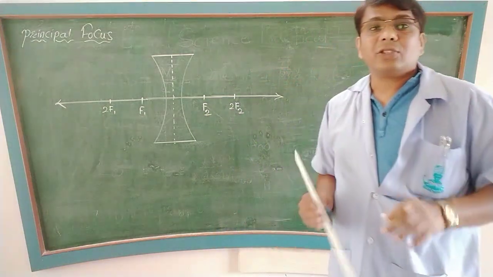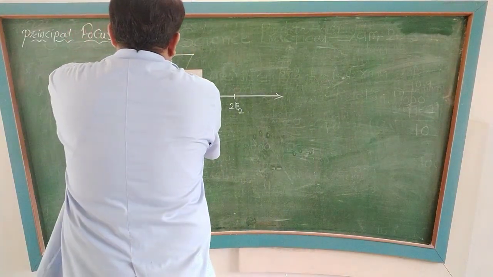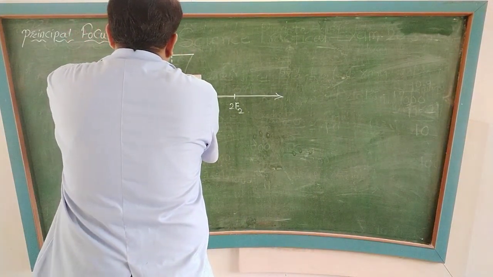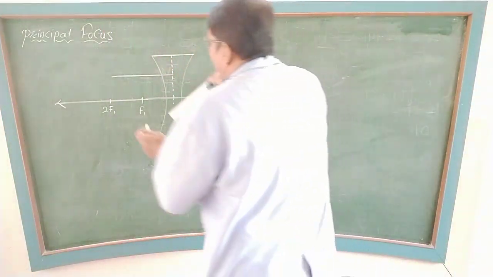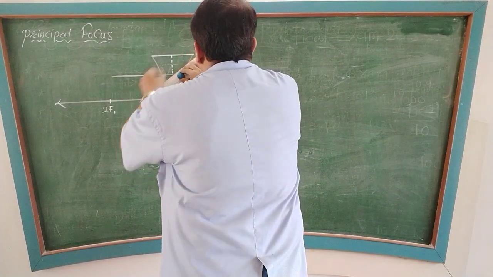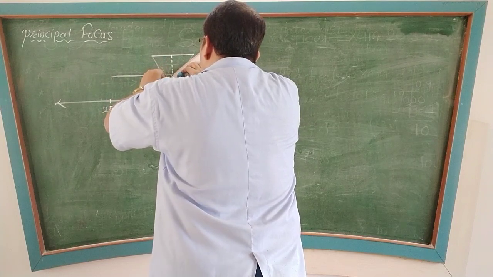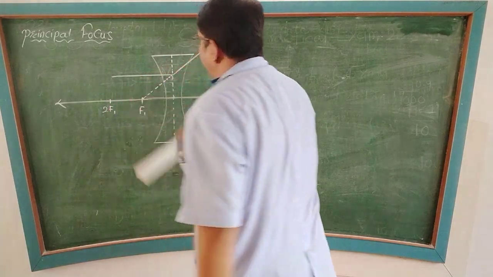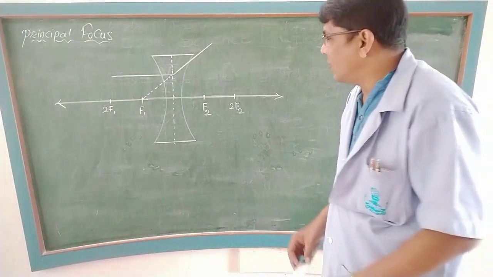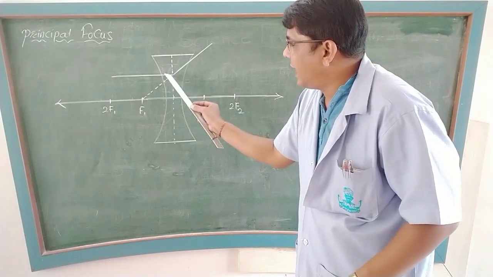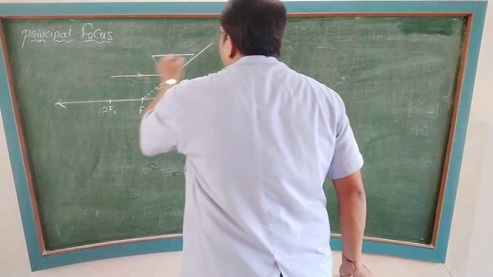Now in case of concave lens, rays of light parallel to the principal axis, after refraction move apart from each other and they appear to come from a point on the principal axis on the same side of the lens. You can see here I have extended this back side. So this is the first ray of light.